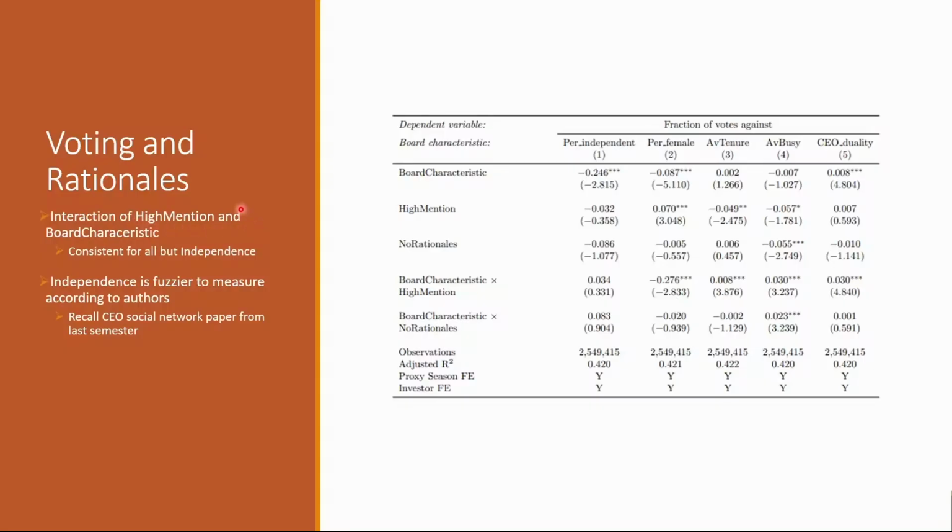High mention means this reason is being mentioned a lot, and the board characteristic is indeed that board characteristic. So things are consistent here except for the independence, right? So this interaction term is what we care about, and these signs match what we would expect if they're voting the way that they are claiming that they're worried about.